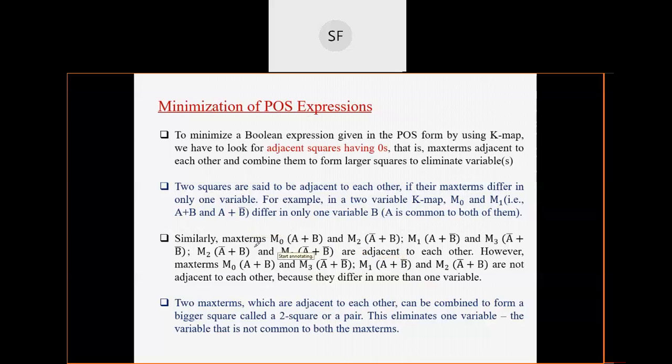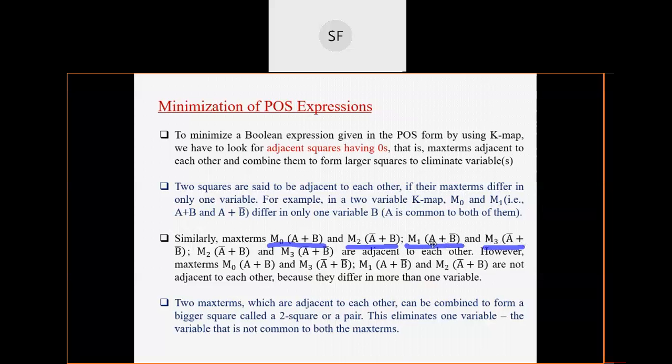Now you can observe max term M0 is represented by A plus B, M2 is represented by A bar plus B. If you observe these two max terms, B is constant, one variable is constant, but A is changing. That means these two will be your adjacent cells. Similarly, another pair is M1 and M3.